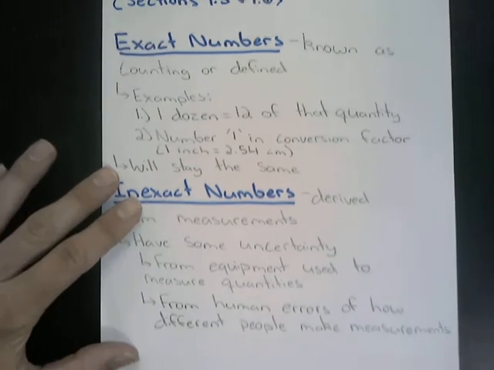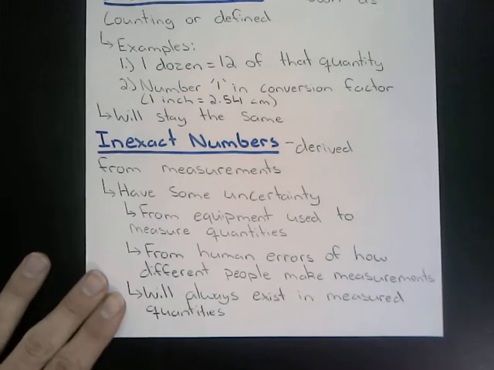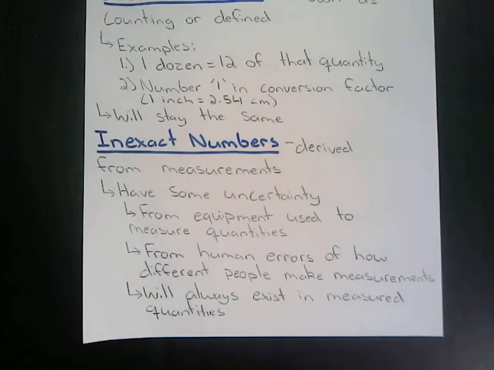They're always going to exist in measured quantities because of those two factors. Because of these things in inexact numbers, we have to have some way to communicate the significance of some digits in measurements. So this is really the basis for why we have significant digits in our calculations.